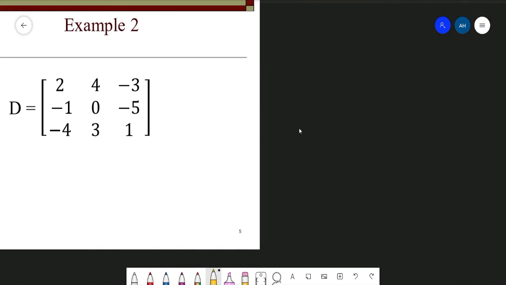Let's copy the first row. That is, we have 2, 4, -3. Second row, we have -1, 0, and -5. Last row, we have -4, 3, and 1.